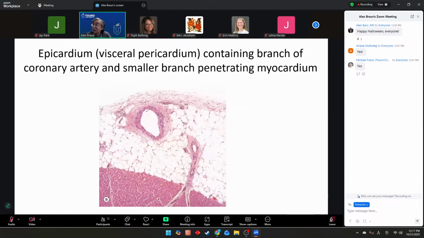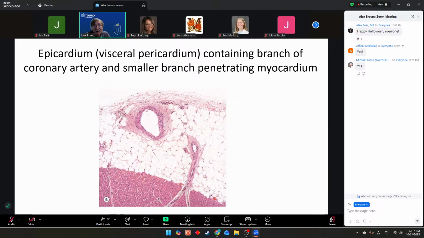Here's a cross section through the epicardium of the heart with some underlying myocardium as well. The epicardium has a very surface here, which has a layer of flattened epithelial cells, which are difficult to see in this particular image, but I presume they are there to some extent and were there during life.